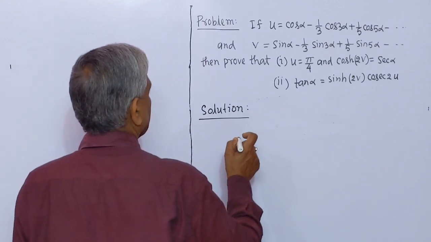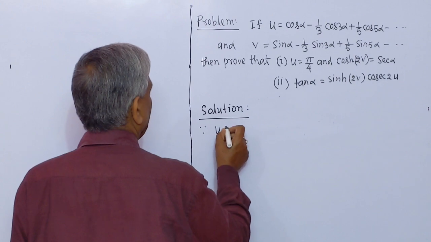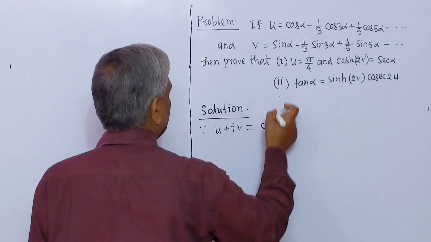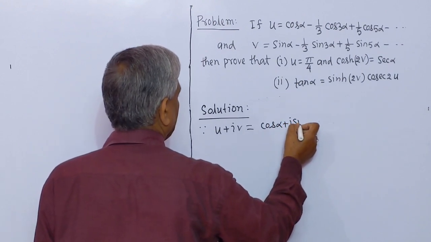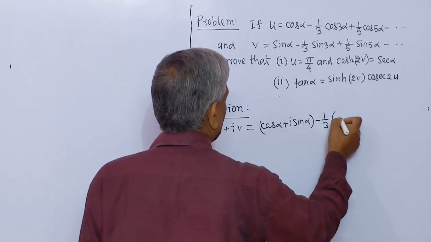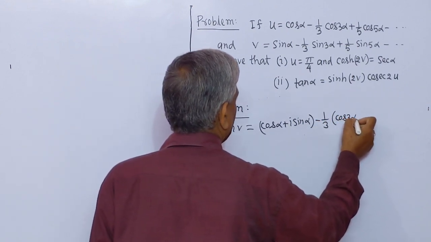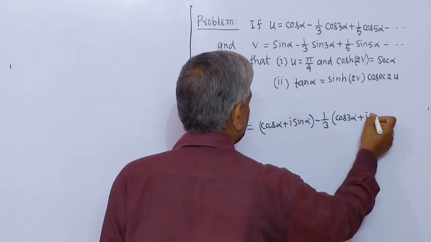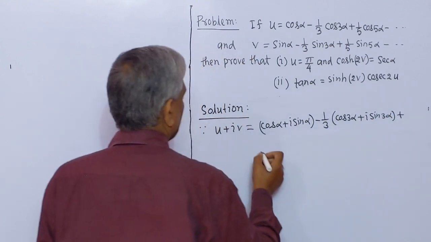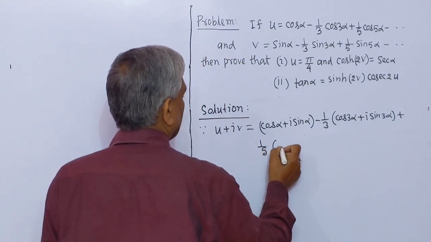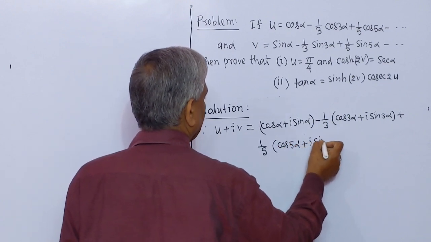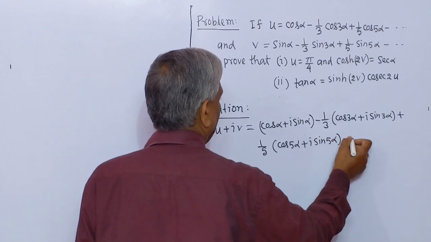Solution. Since u plus iv equal to cos alpha plus i sin alpha, minus 1 by 3 cos 3 alpha plus i sin 3 alpha, plus 1 by 5 cos 5 alpha plus i sin 5 alpha, minus dot dot dot.